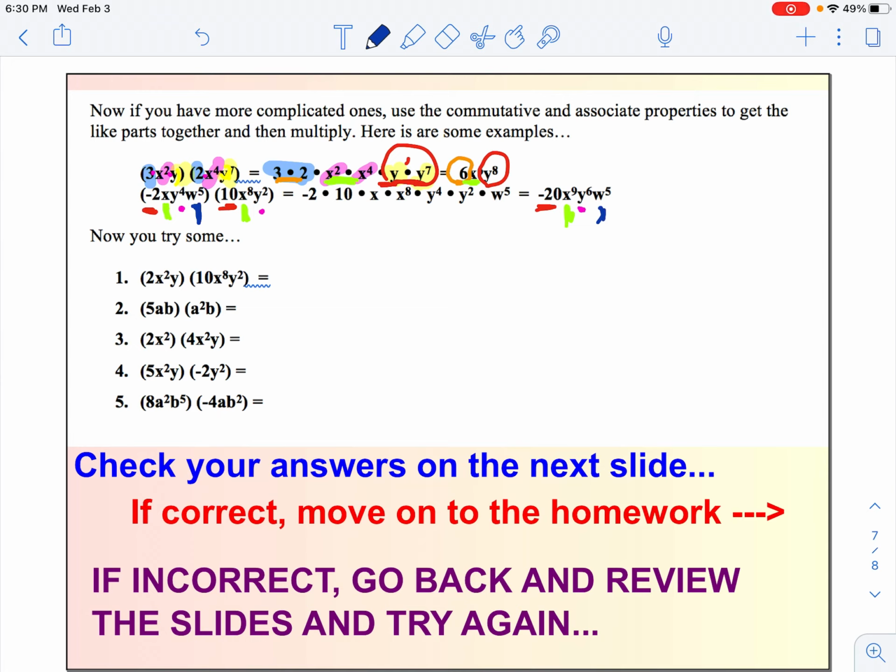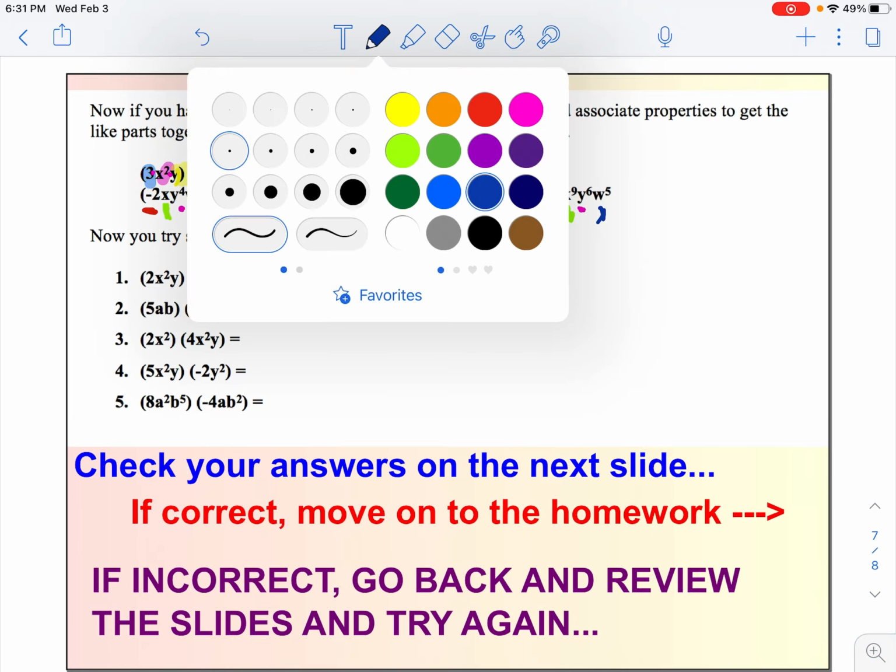And then after that, if you still need some more help, then you can listen to the explanation that I'm giving as I go through this. So try these 5, and if you get them correct, then I think you're ready to move on to the homework. And if not, if it's incorrect, go back and review the slides and listen to my explanations.